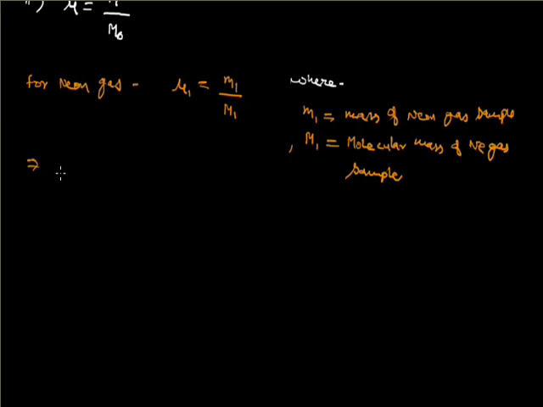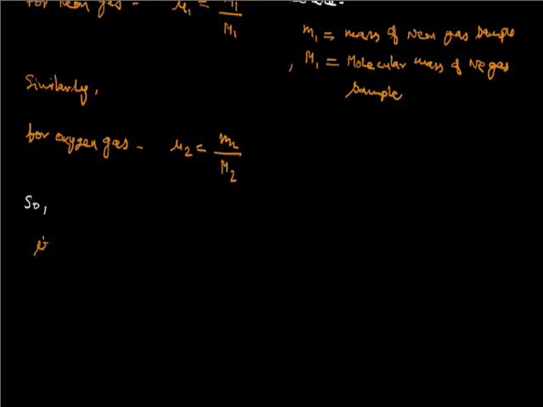Similarly for oxygen gas, mu2 equals small m2, the mass of the oxygen gas sample, divided by capital M2, the molecular mass of oxygen gas.